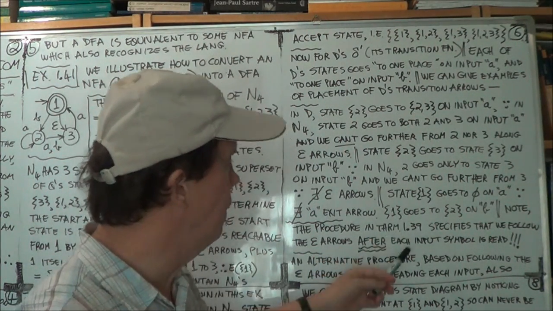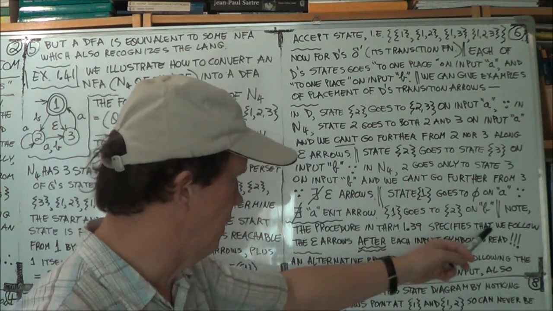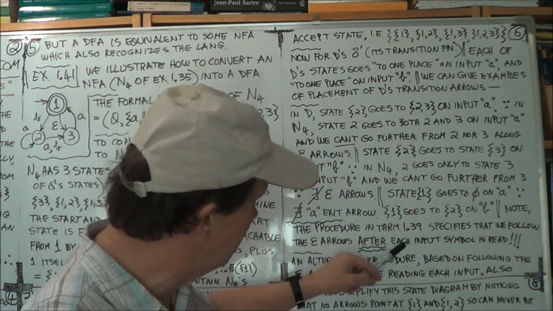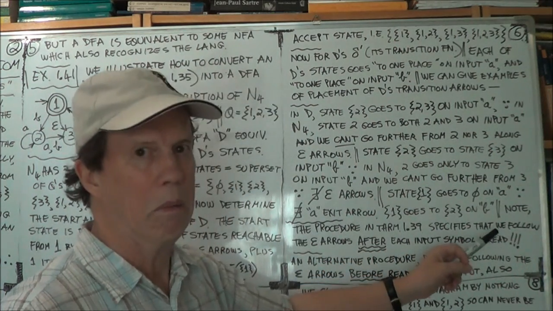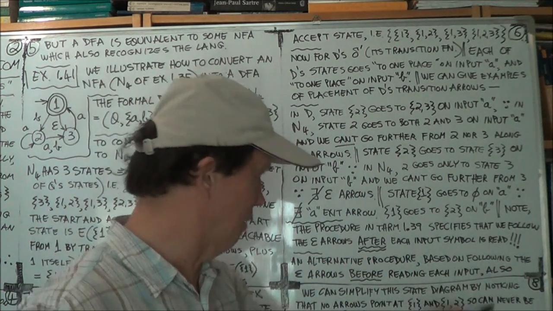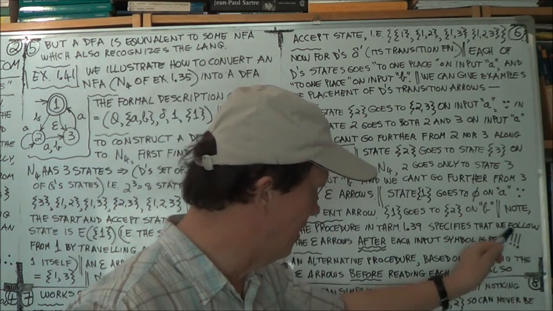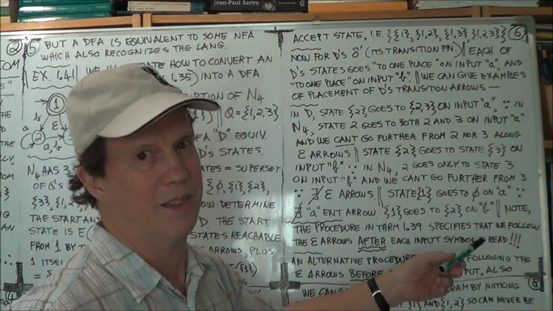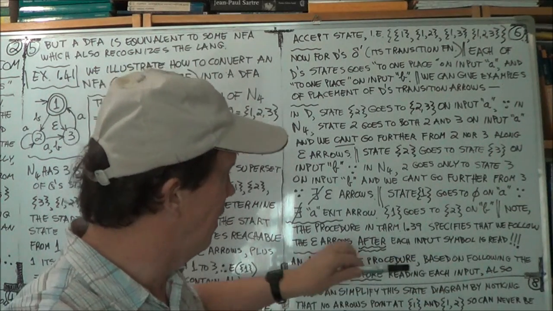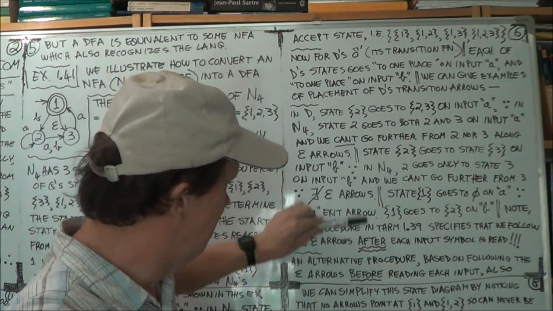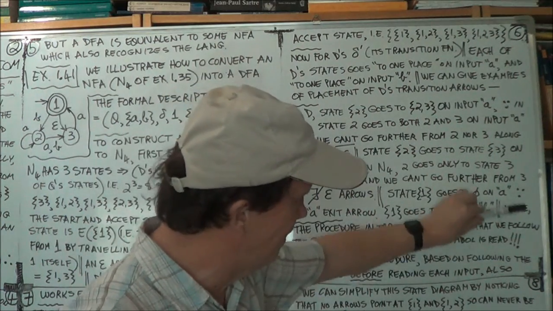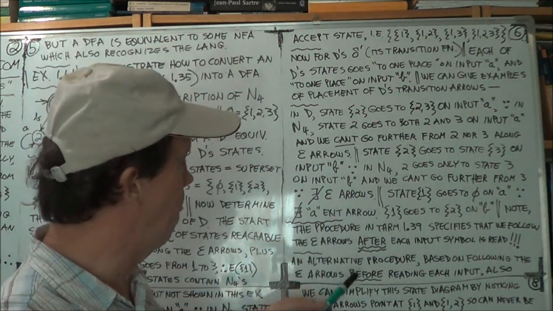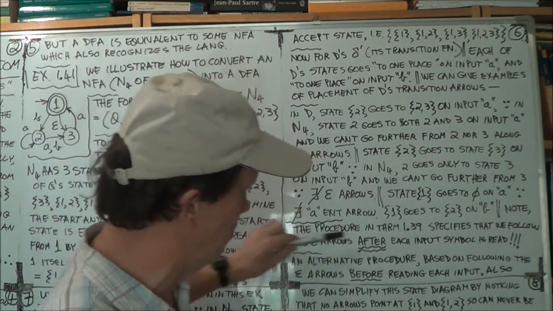That was that proof. He says that we follow the eta arrows after each input symbol is read. Well, that was news to me. That's why I put this there. So perhaps I should go back and read it a lot more carefully. I challenge you to do the same. And my question is, did he say this? Was it implicit, or was this a surprise to me?